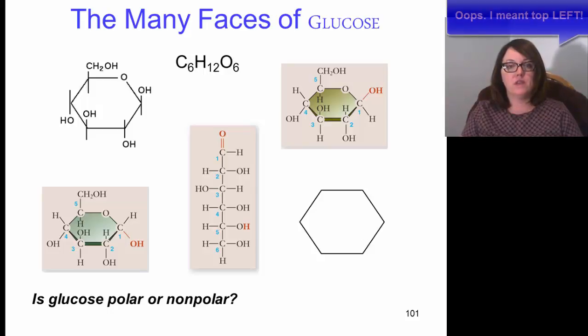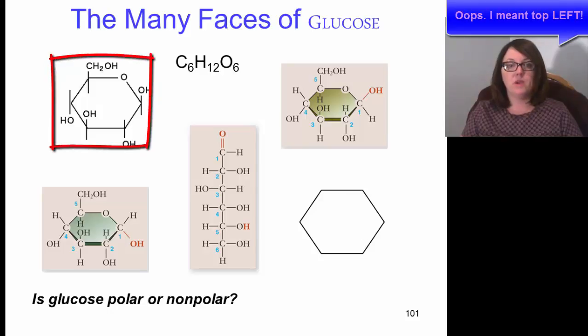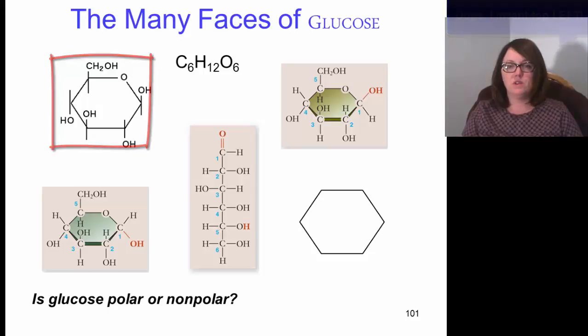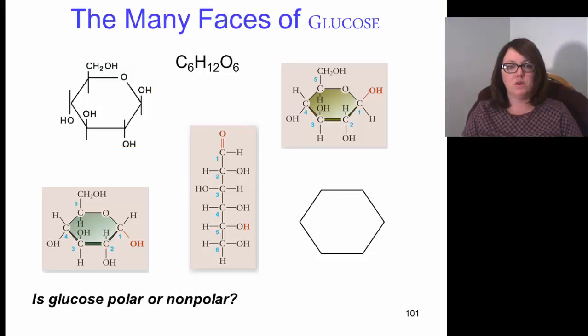Now let's take a look at the top right of the screen. We have what looks like a ring structure there, but it doesn't quite look like glucose. If you count up the carbons, there's not enough carbons. There's also not enough hydrogens either. Believe it or not, that is glucose. That's a shorthand for glucose. In organic chemistry, we're constantly drawing carbons and hydrogens, because to be organic means to contain carbon and hydrogen.